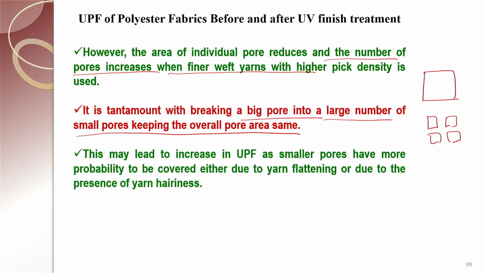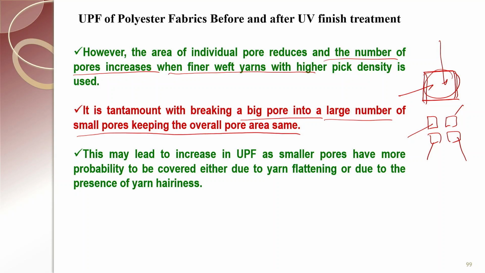So, the same quantity of UV ray should effectively pass through, but that is not the case. In case of larger pores, when the yarn becomes a little bit flattened, the flattening impact is not that great.